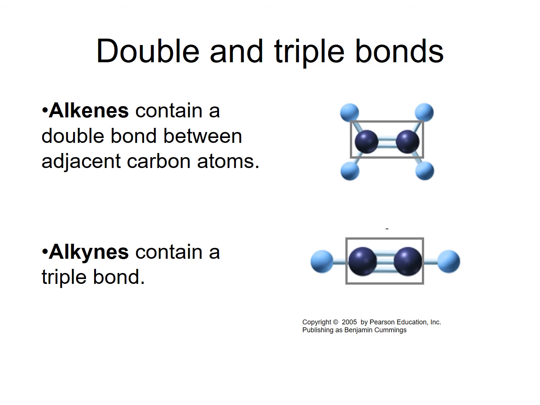Carbon chains with triple bonds are called alkynes, A-L-K-Y-N-E-S. So with two carbons, that prefix was eth. So the one on the top there on the right is called ethene, and the one on the bottom would be called ethyne. Change the suffix, and you tell someone how the bonding has changed.